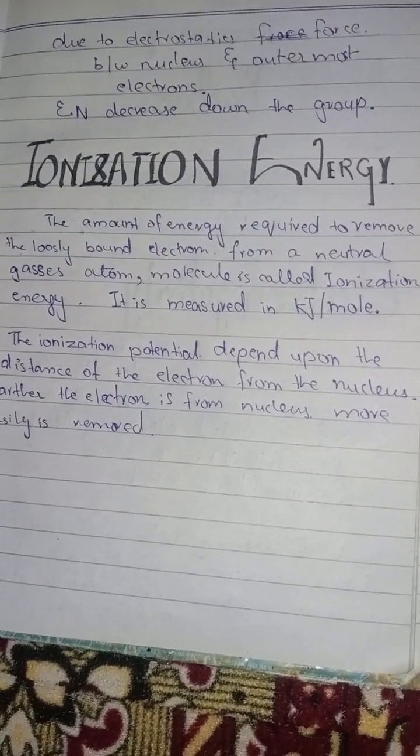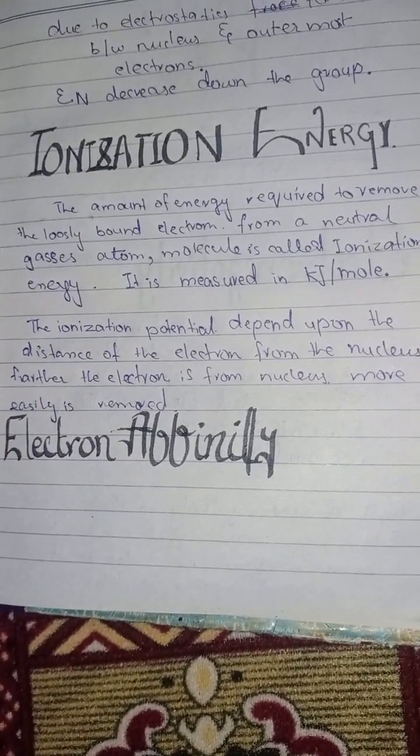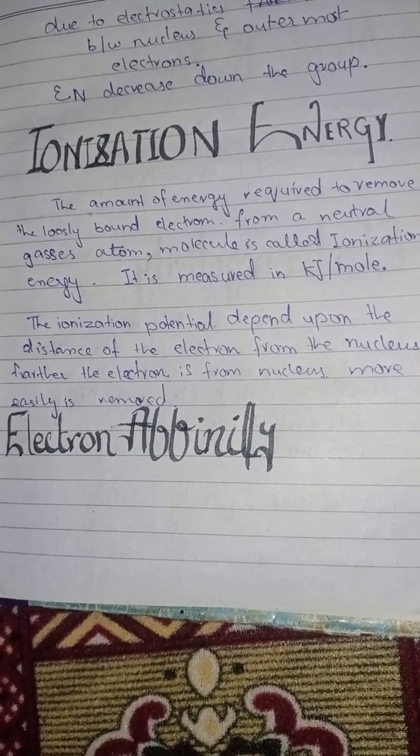Now let's move towards the electron affinity. Now what is electron affinity? It is the energy released when an electron is added to an isolated neutral gas atom to form a negative ion.